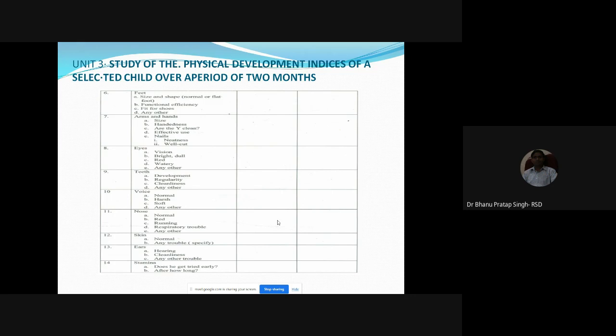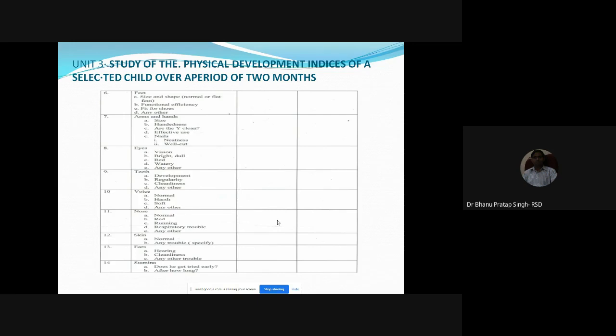Teeth, you have to write about their teeth position, means what stage of development they are in, or regularity, means how many times he brushes and how many times he takes care of the cleanliness of the teeth or any other activities.